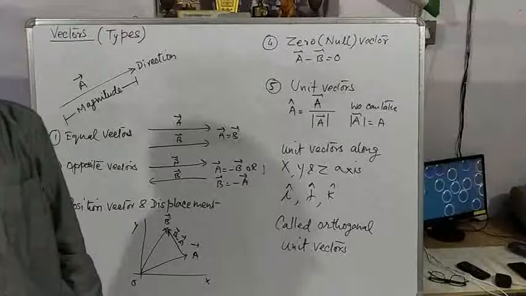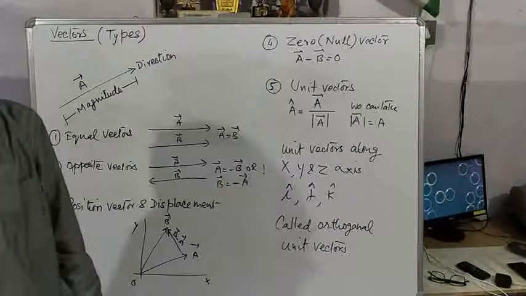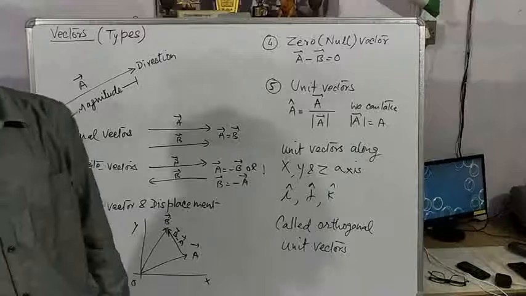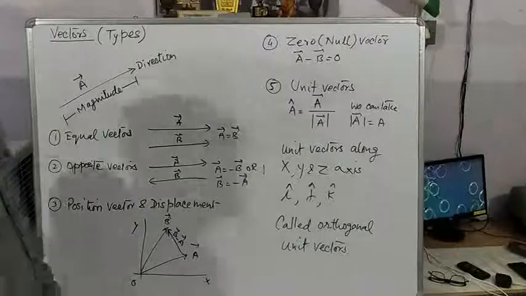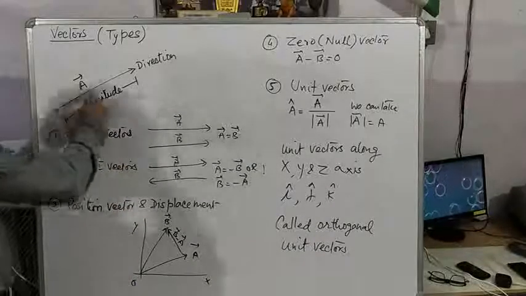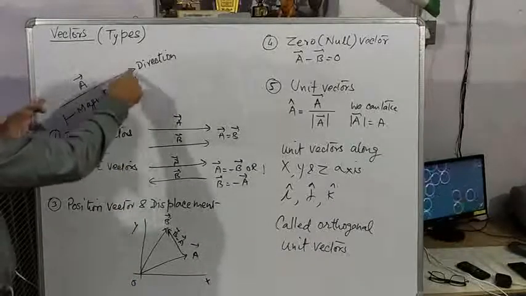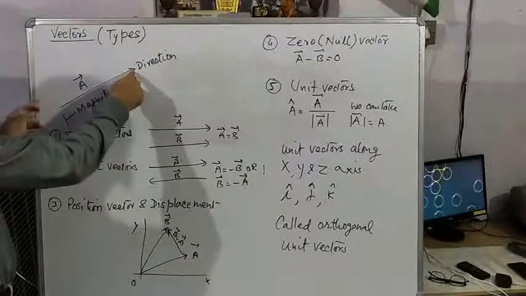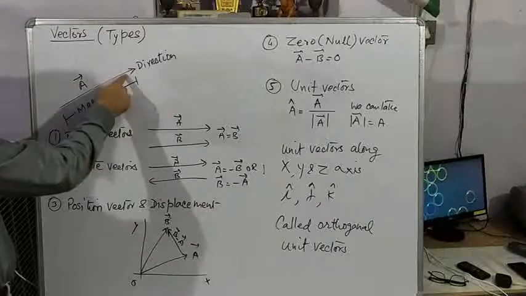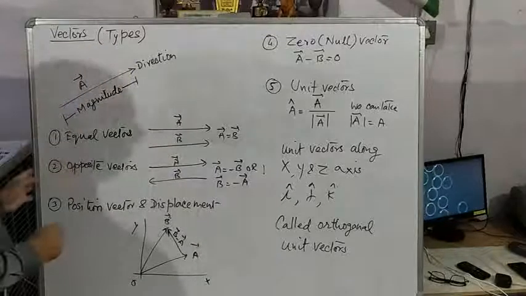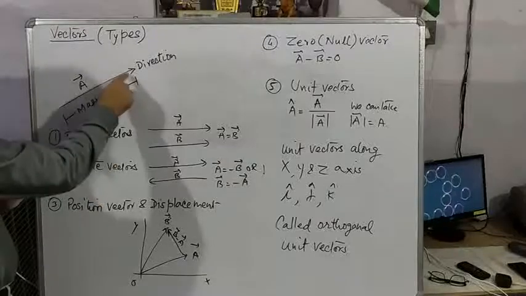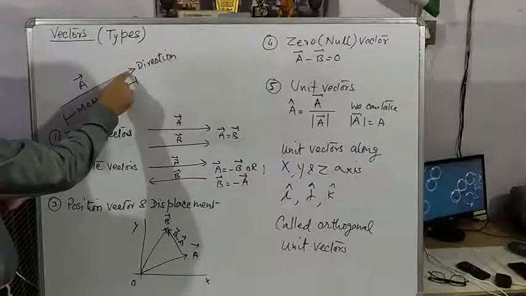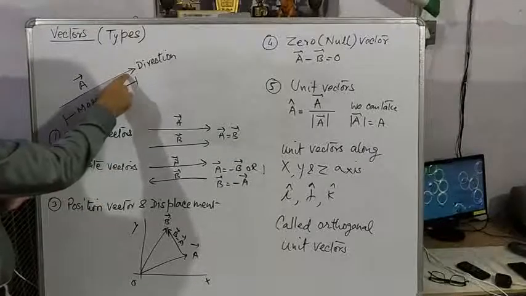I repeat, you are going to assume some suitable scale. So to represent that displacement, you have to draw a line of 5 centimeter. And arrowhead represents direction of that vector quantity. So this arrowhead is direction of displacement in this example.